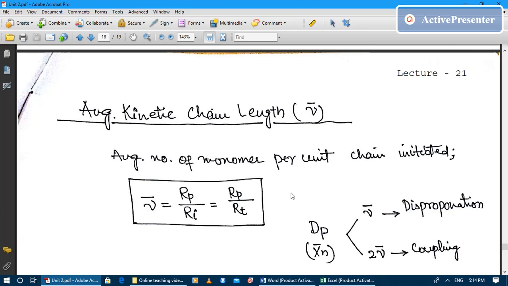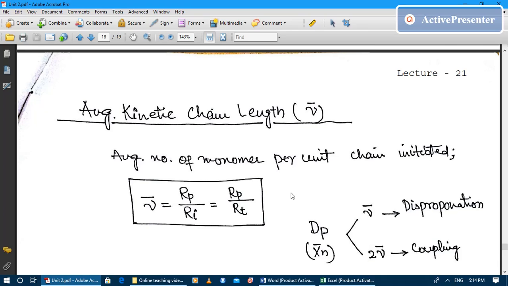So 1000 molecules of monomer divided by 100 chains initiated means that on average there will be 10 molecules of monomer per chain initiated. This is the concept of average kinetic chain length.